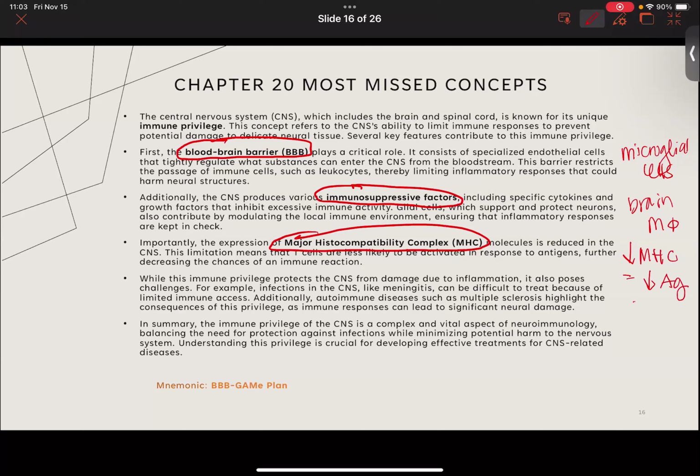So decreased antigen response, because those are the guys that present the antigens. If we're presenting them less, we're activating less. So that's immune privilege in the central nervous system, and this protects from damage caused by the inflammatory response.